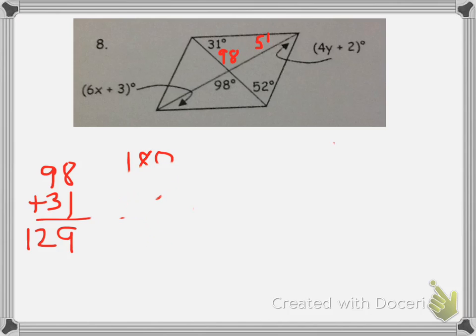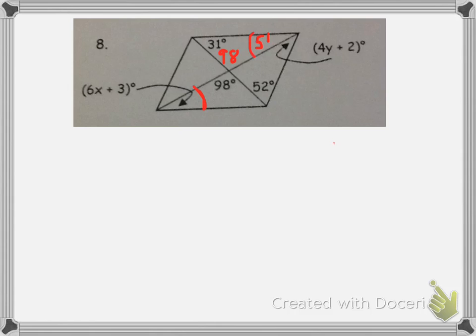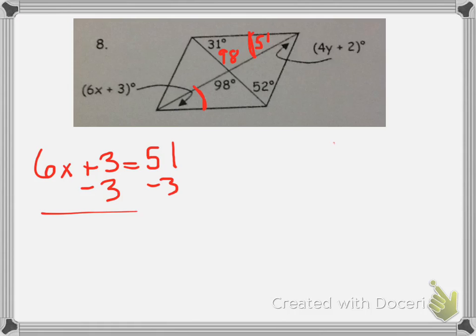Since we have parallel lines, this angle and this angle are congruent. So now we can say 6x plus 3 equals 51. So we subtract 3 from both sides. We get 6x equals 51 minus 3, which is 48. So that means that x is equal to 8.